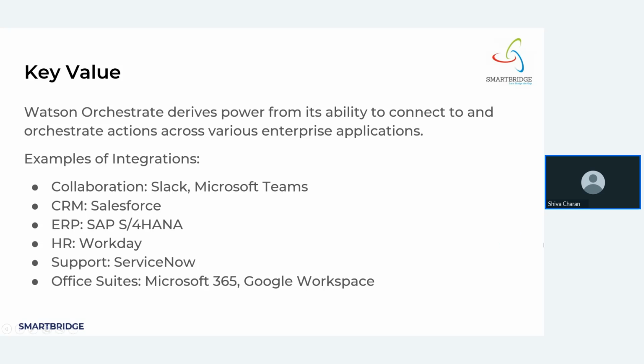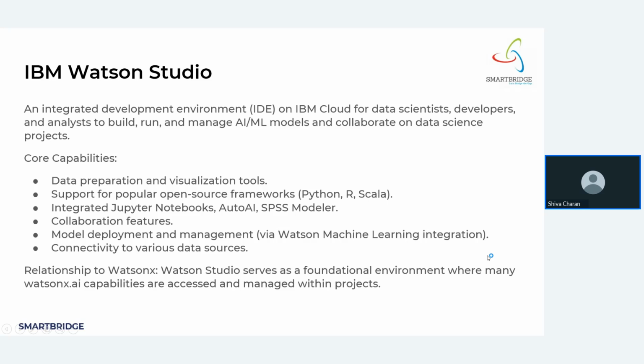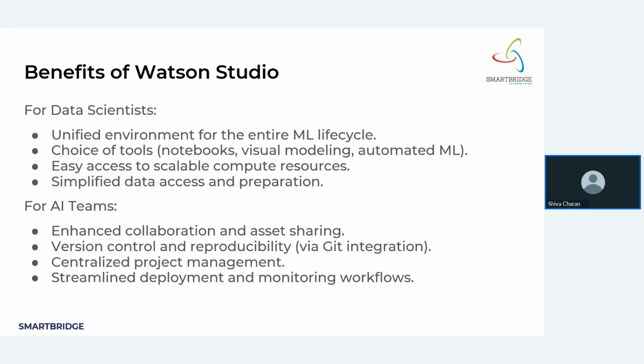And this is about Watson Studio. Coming to the IBM Watson Studio benefits, creating the project, we'll be seeing tomorrow. In tomorrow's session, we'll be completing this IBM Watson Studio. So until now, we have discussed Watson Orchestrate.